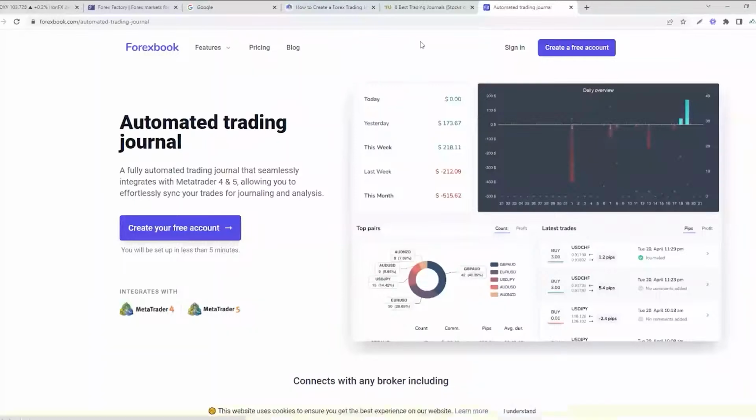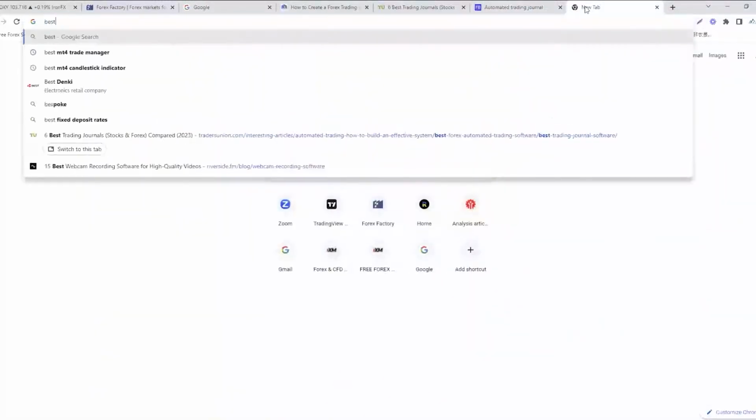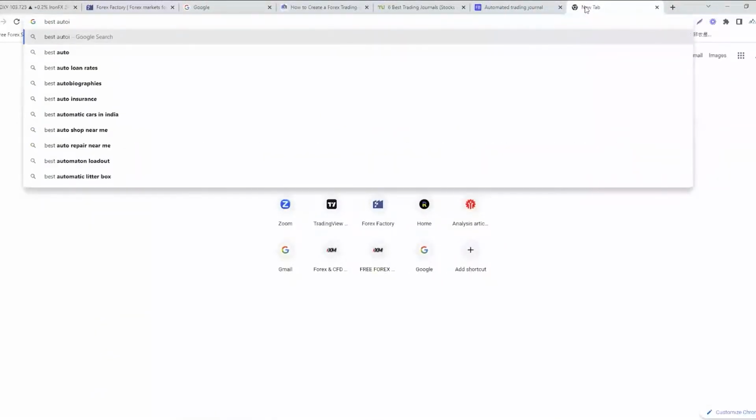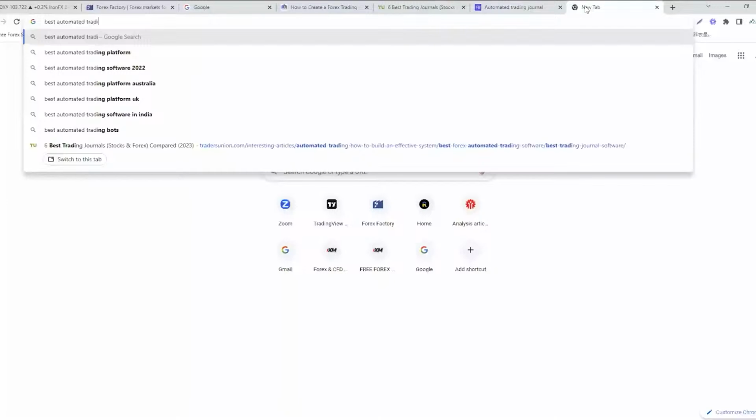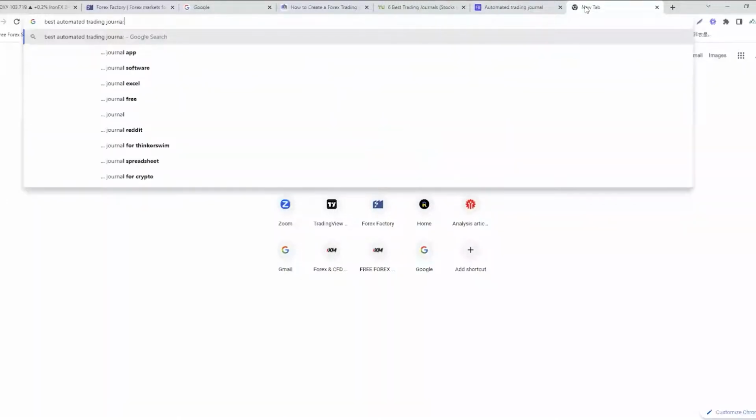Okay, so I'm on the website here. I just randomly Googled for automated trading journals, and this is one of the examples that came up. Again, I'm not promoting this company or any other automated trading journal. So let's just type in Google "best automated trading journal" and see what we come up with.